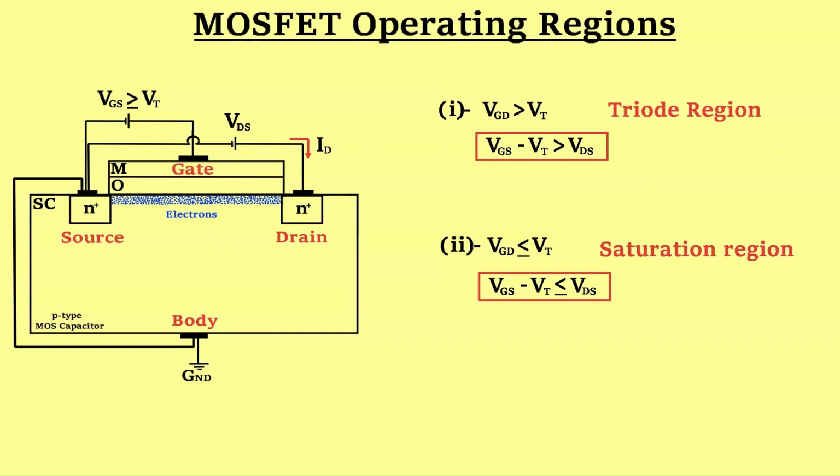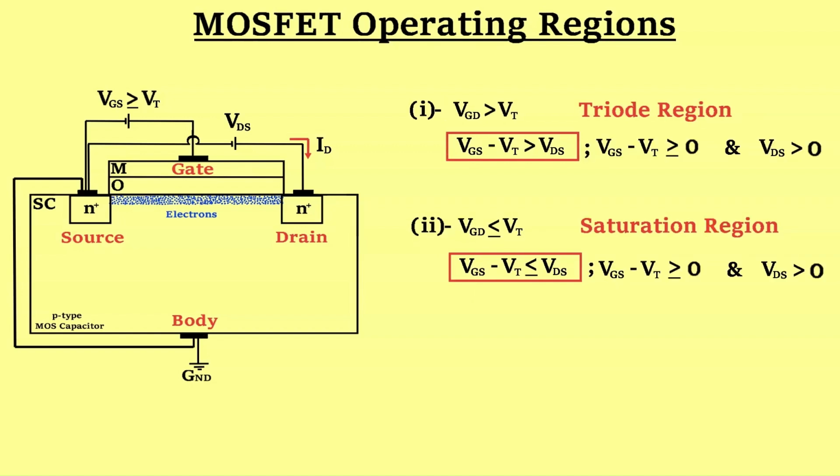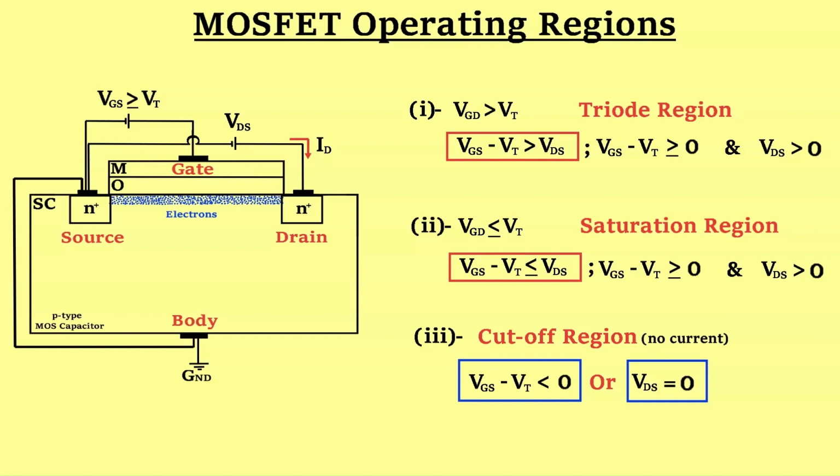But till now we have assumed that the overdrive voltage is equal to or greater than 0 and the drain to source voltage is always positive. But what will happen if this is not the case? There is a third region which is referred to as the cutoff region, which occurs when either the overdrive voltage is negative or the drain to source voltage is equal to 0.